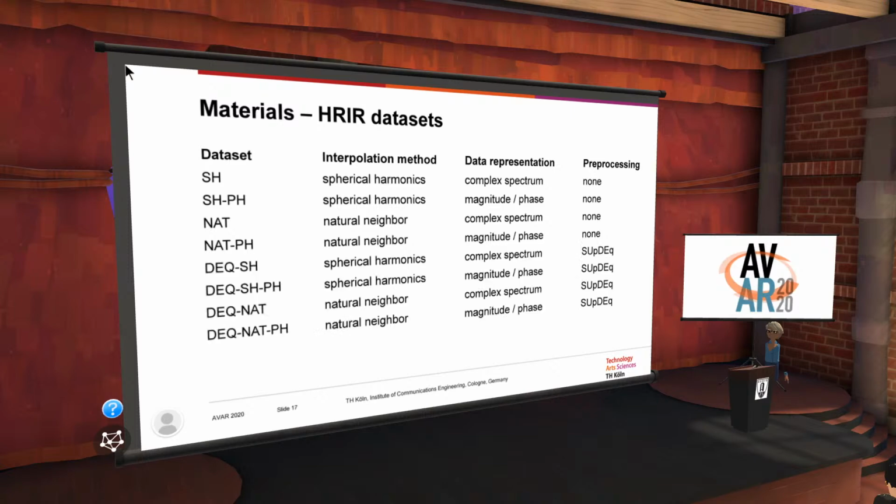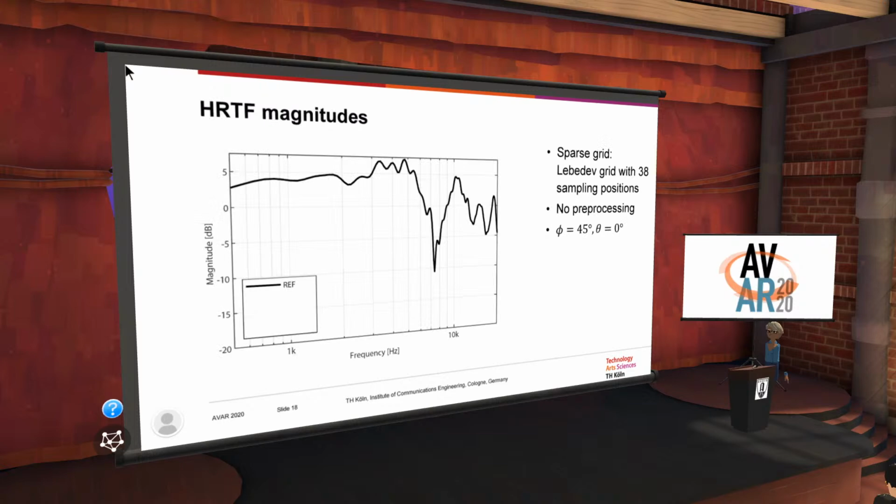And we did exactly the same for the preprocessed data set, the substitute preprocessed data set, and we indicated that by the abbreviation DEQ. So we have 8 different kinds of test data sets at 4 orders, and it would be great if you could remember these abbreviations for the next 10 minutes, because we show them on the next plots and so on. So the first thing we looked at were the magnitudes of the HRTFs.